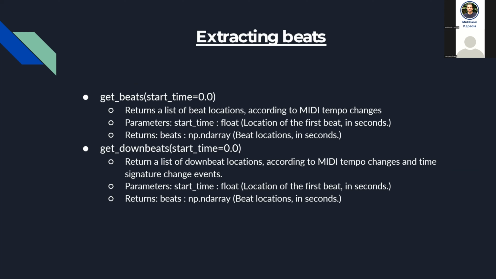Similarly, get_downbeats takes the start time as input and outputs a NumPy array which has the timestamps of the downbeat locations.